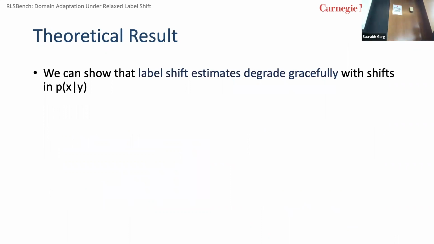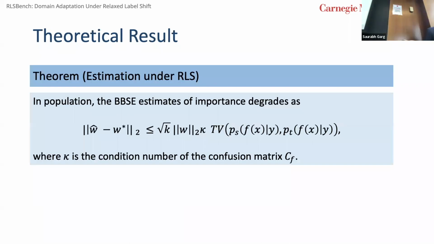More recently we have one theoretical result where we're trying to characterize how these label shift estimation techniques would behave when we start introducing shifts in P of X given Y. We observe that if we have access to infinite unlabeled data and infinite labeled data from source and unlabeled data from target, then the bias in your estimates is directly proportional to some form of PV distance between your source P of X given Y and target P of X given Y, and there is a max here.